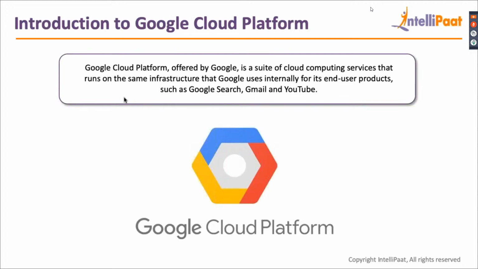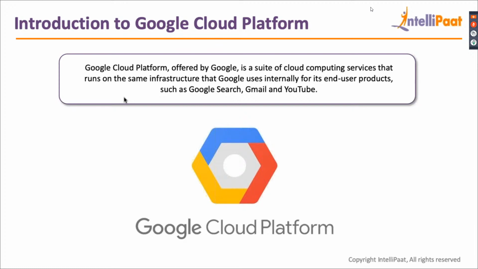So, what is Google Cloud Platform? It's basically a cloud provider which runs on the same infrastructure. Now, this is a very important thing to understand, and it's very cool as well. The servers that are given to the public, which they can use for their applications, are the same infrastructure which Google uses for Google Search, Gmail, and YouTube, which are the most used products of Google, or the Alphabet company.